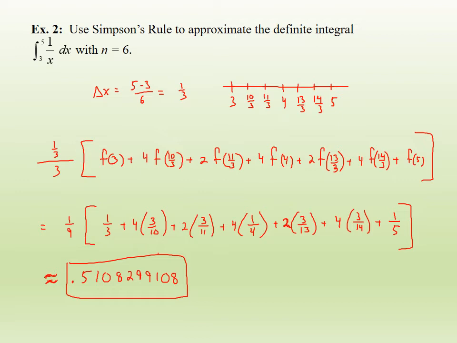Properly plugging in all the values into your calculator and formula, you can get the figure 0.51082999108. This is the figure displayed on the screen of your calculator, but the answer can be limited to a few decimals depending on how it's required.